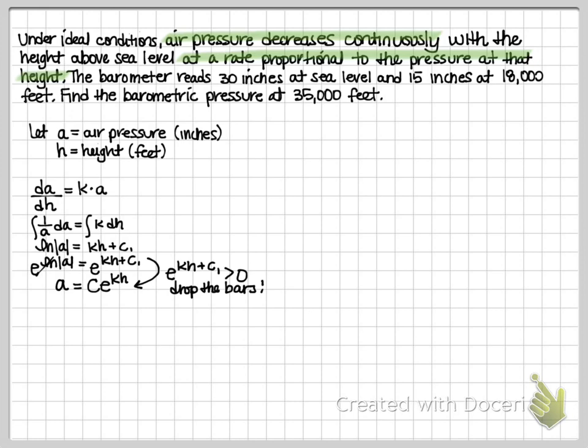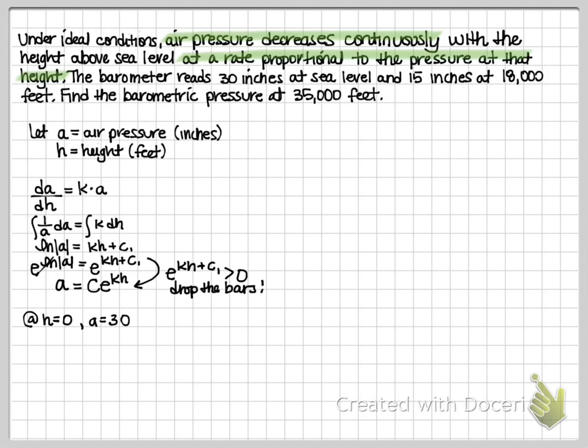Okay, so from here, I know it says that the barometer reads 30 inches at sea level. All right, at sea level, the height is 0. So what I know is at H equals 0, I know that A is going to be equal to 30.